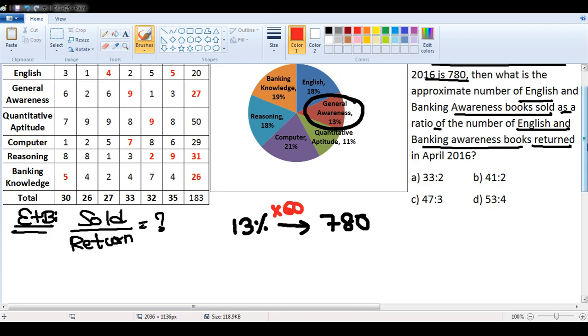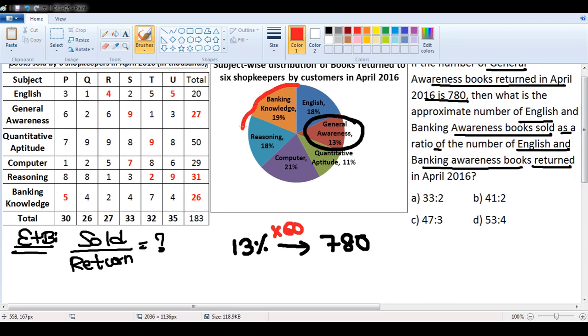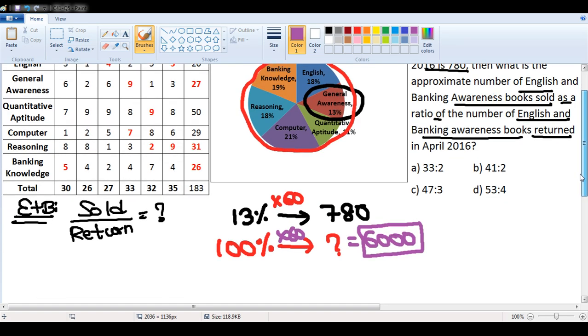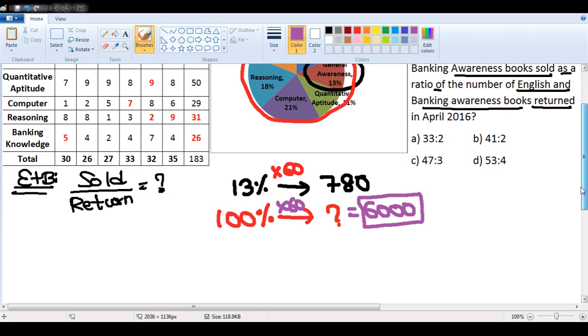Similarly this entire circle represents the total number of books returned, which is nothing but 100 percentage. That also multiply by 60. 100 into 60 is 6000. Total books returned in April 2016 is 6000, right?